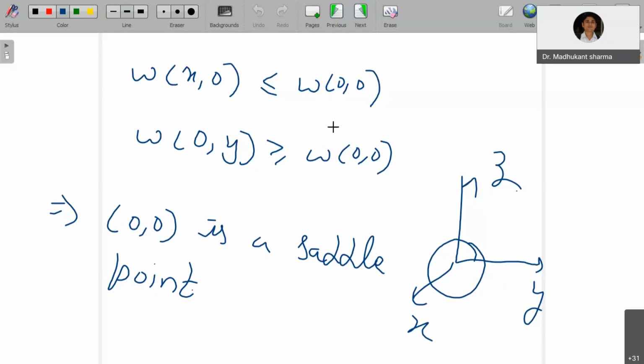Continuity is the next thing. Continuity means the function value, the fx value at 0, 0 that you are finding, is 1. Now I'm getting it. So the first order partial derivative at 0, 0 is 1, right?